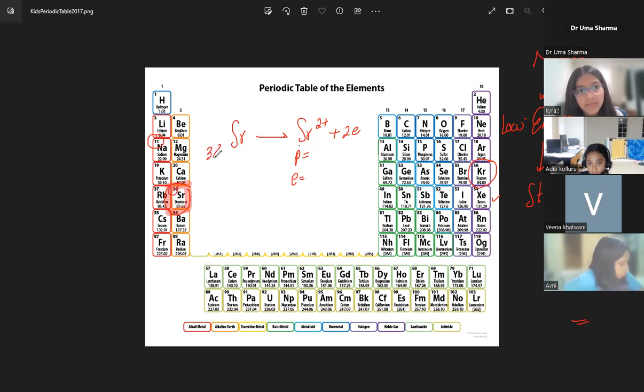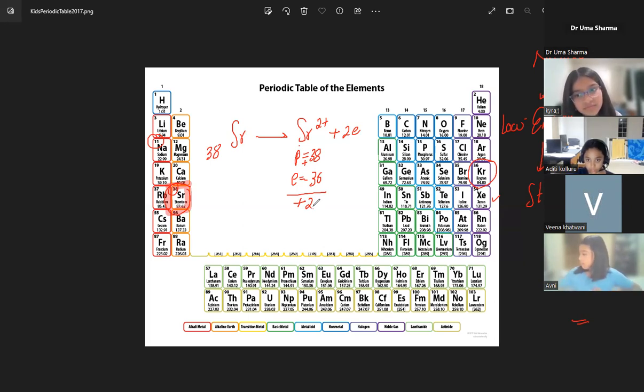So how many protons? 38. How many electrons? 36. So what is the charge? Plus 2.